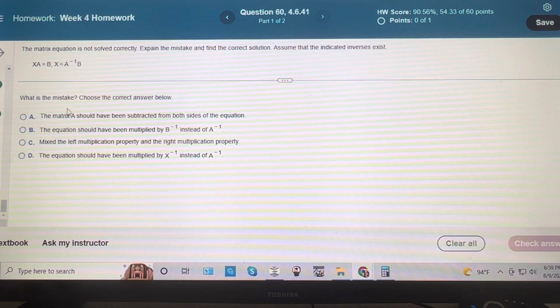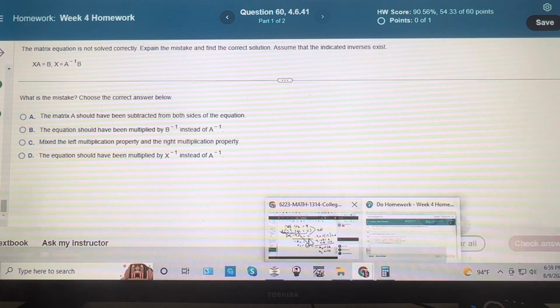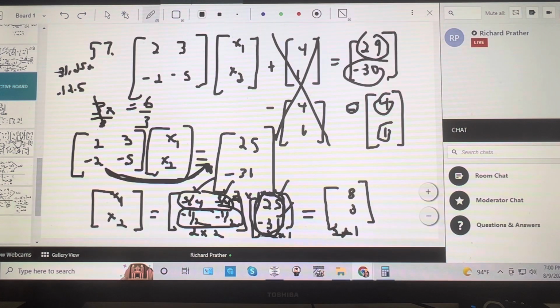And then what's here? Okay, so the matrix equation is not solved correctly. A inverse B. Explain the mistake and find the correct solution. Okay. X times A. Okay, so I know what's going on here. This is trying to show what I did right, this idea right here.